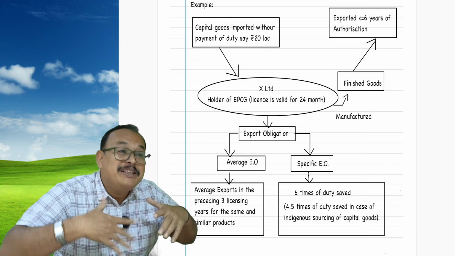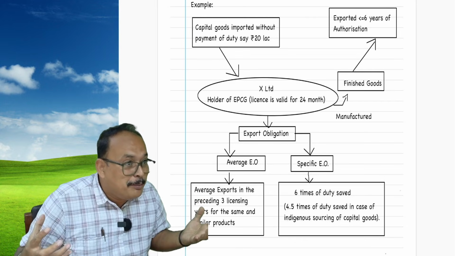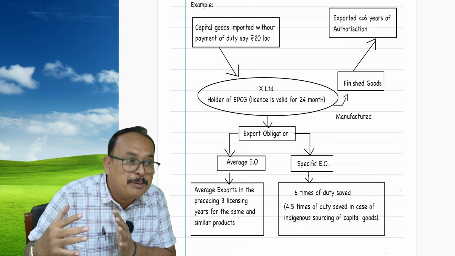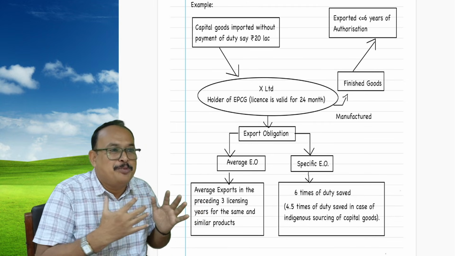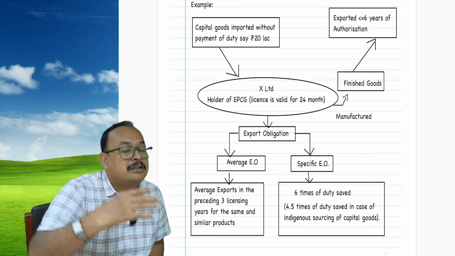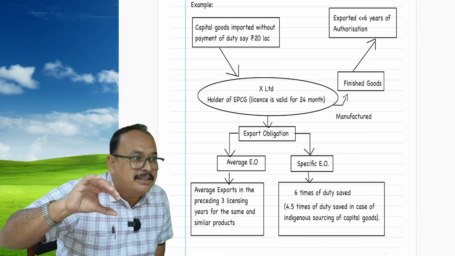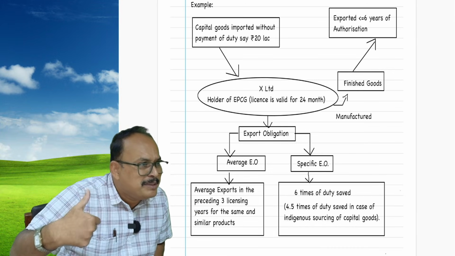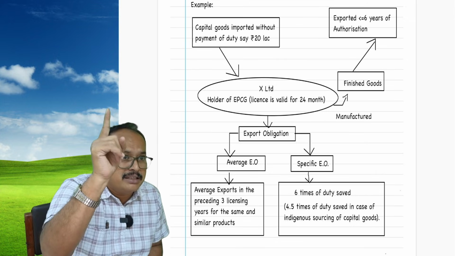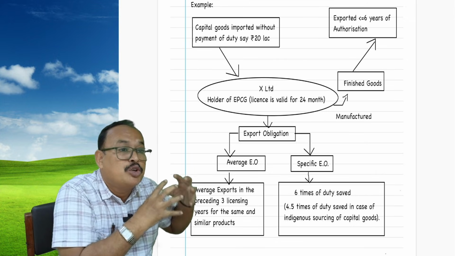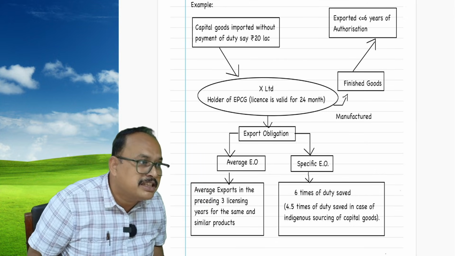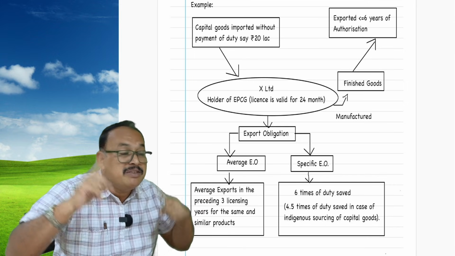Then I have to fulfill the export obligation. There are two: average export obligation and specific export obligation. For average export obligation, the past 3 years' exports of 90 lakhs divided by 3 gives 30 lakhs. Duty saved is 20 lakhs. Specific export obligation is 6 times the duty saved: 20 lakhs into 6 equals 120 lakhs. Whichever is higher, 120 lakhs.